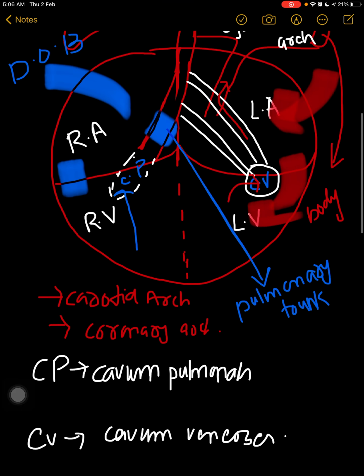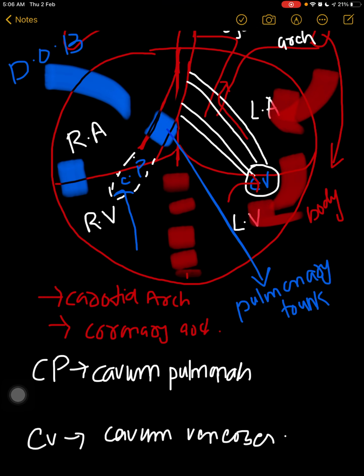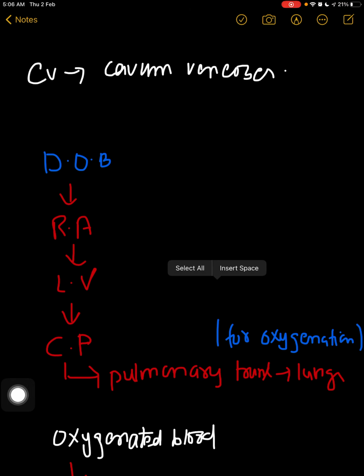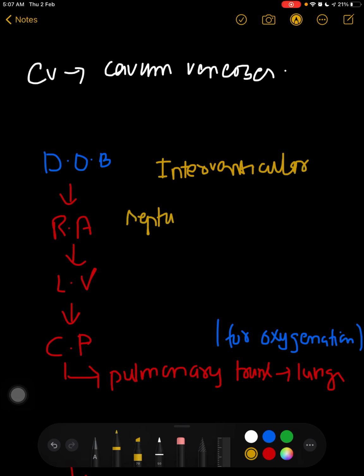And okay, there's one more thing I forgot to tell you guys, that this interventricular septum is incomplete, right? How?